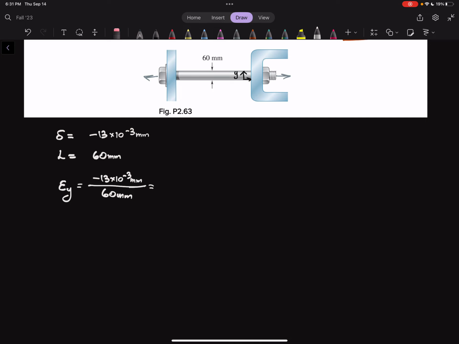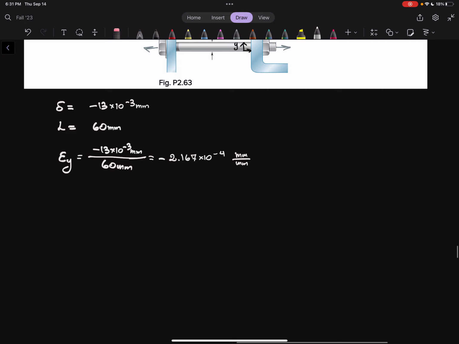And what is that going to give me? Negative 13 times 10 to the negative 3 divided by 60 gives minus 2.167 times 10 to the negative 4 millimeters over millimeters.